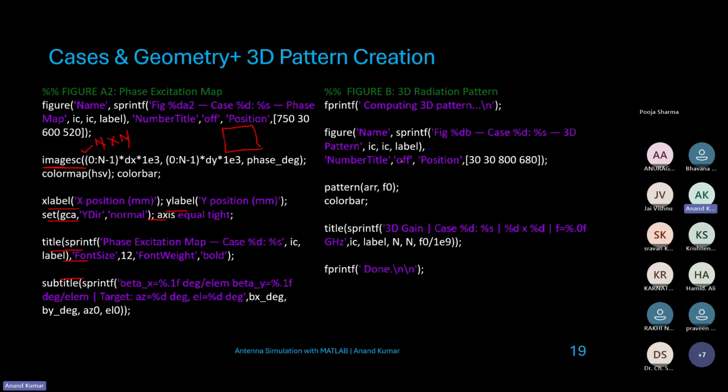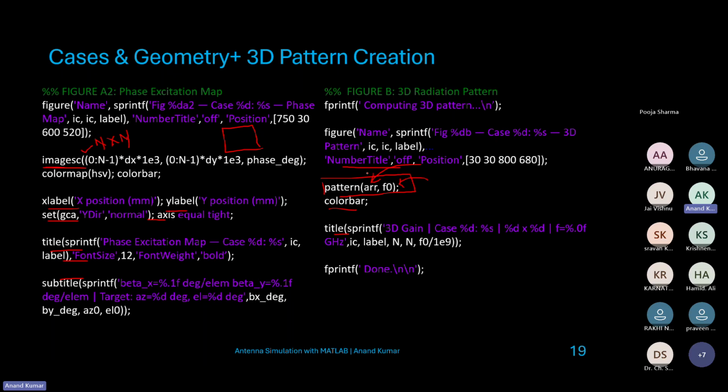And for the 3D radiation pattern, as we have done before, we'll use the pattern function, and the pattern function over here takes the array and the frequency at which you want your 3D pattern. And you can include color bar, titles, figure labels and things.